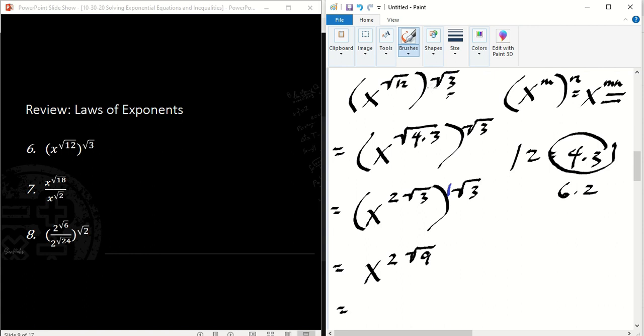Or actually, pwede rin pala dito. Okay? Kino-compare ko kasi kung pwede. Pero syempre, ito tayo sa basic talaga. So, x squared, square root of 9, so that is equal to 3. So, merong square root yung 9 natin. Sakto yun. Perfect square yun. So, that will be x to the 6th power, yung ating answer.